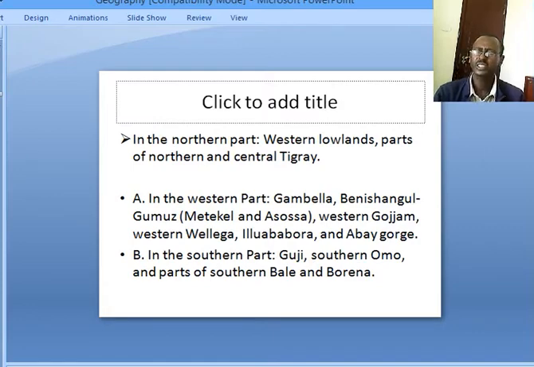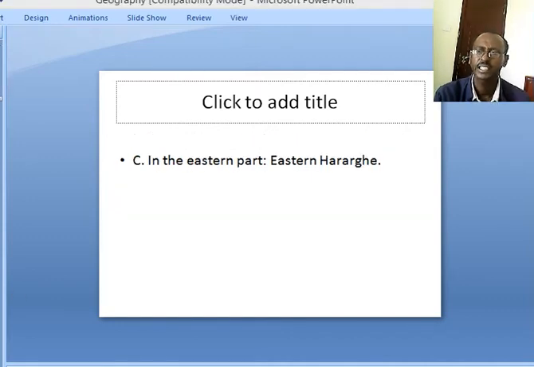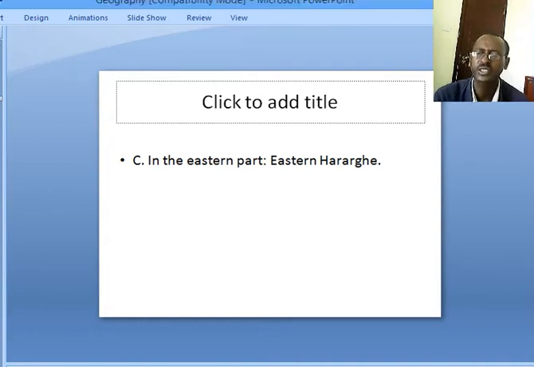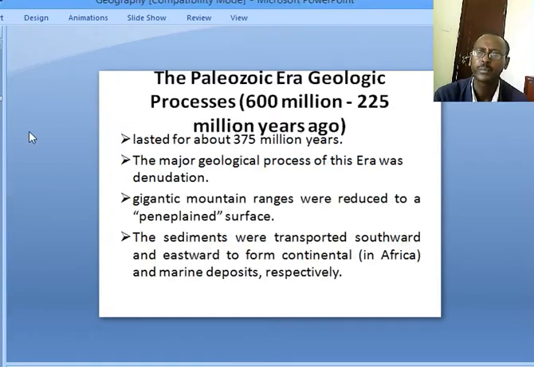Two, in the southeastern part: Guji, southern Omo, and parts of southern Bale, we will find this kind of rocks. The third area where these rocks are found is the eastern part of Ethiopia, particularly eastern Hararghe. So this is what has been observed during that period.